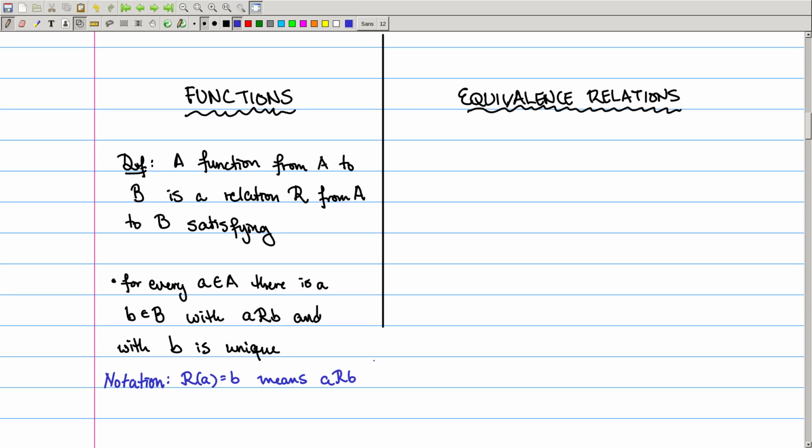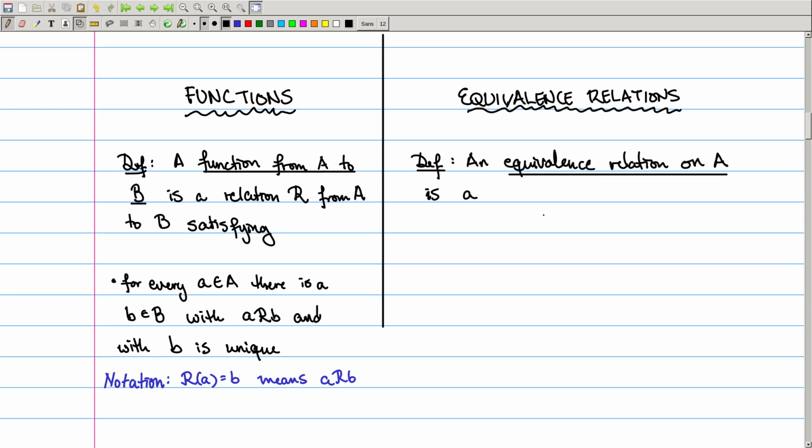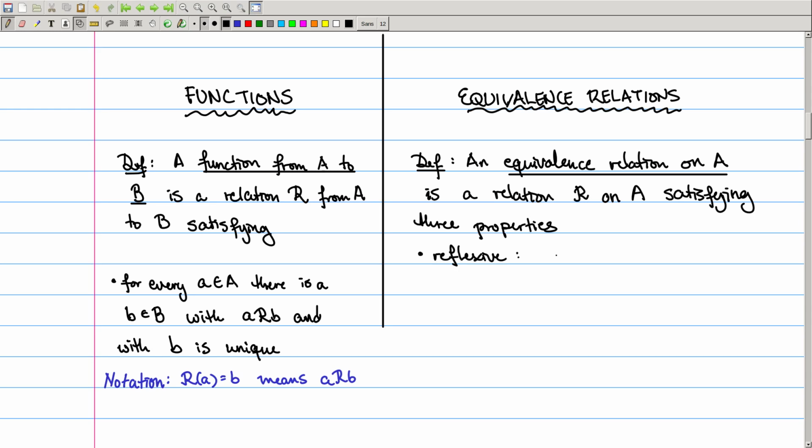On the other side of things, equivalence relations are not relations from A to B, but they're always relations on a set A. That is to say, relations from A to A. So specifically, an equivalence relation on A is a relation R on A satisfying three properties. First of all, it's reflexive. That means that aRa, for all a in A, every element of A is related to itself.